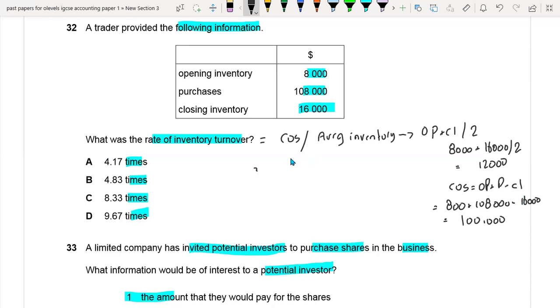Now just put the amounts in their required places. Cost of sales is 100,000 divided by average inventory, which is 12,000. So this will give you the answer, which is 8.33 times. So it means that option C is the right option.